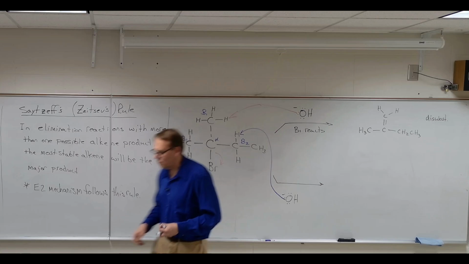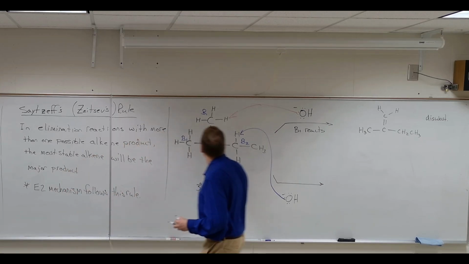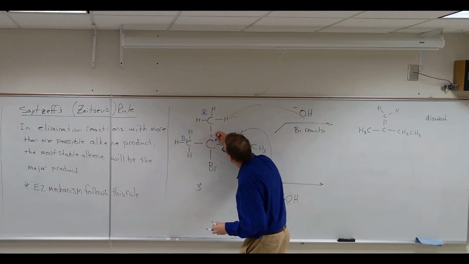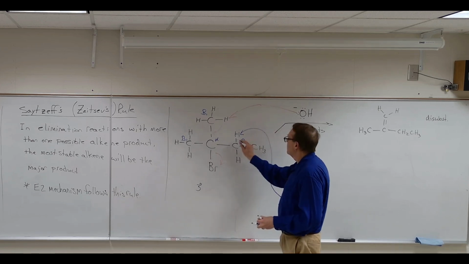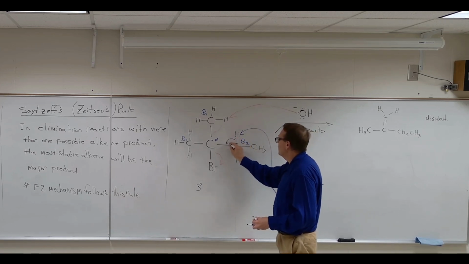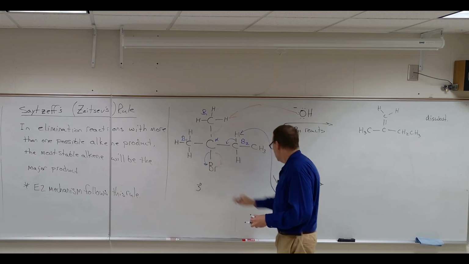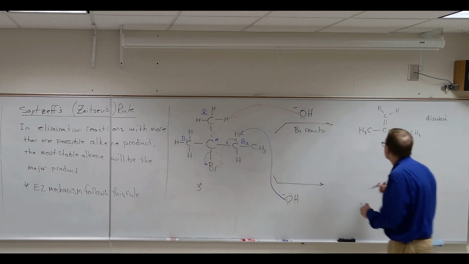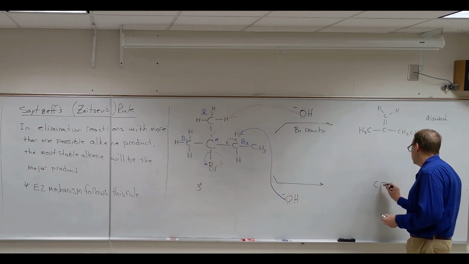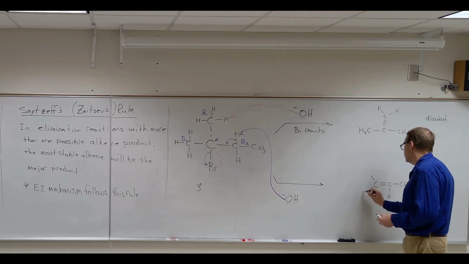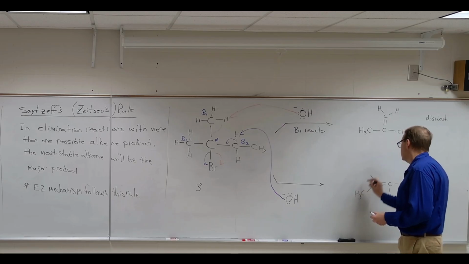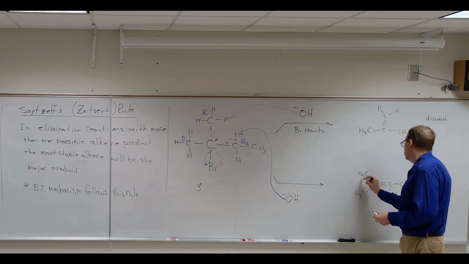This arrow's got to go this way. It goes from here to here, and then the leaving group leaves. When it attacks here, these electrons go there, and what comes out of this is this different alkene where the double bond is between the beta 2 carbon and the alpha position. This is trisubstituted.